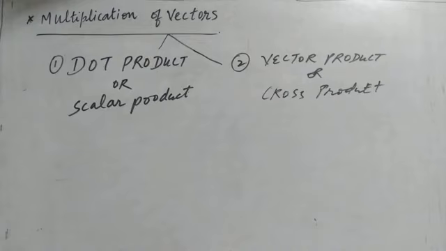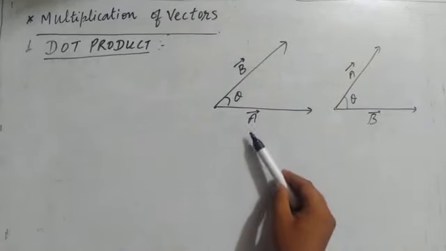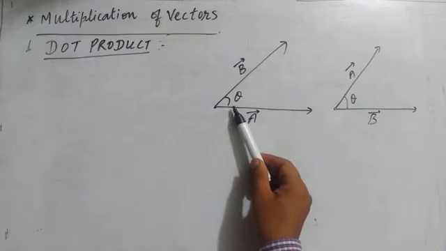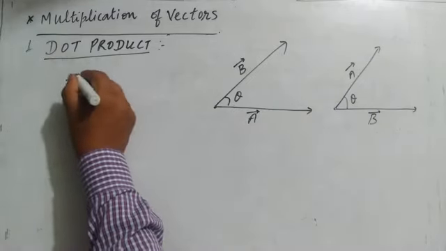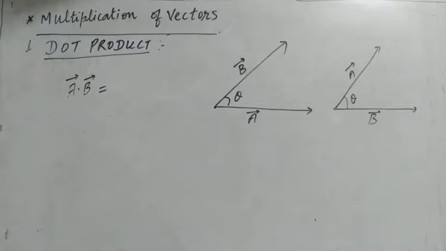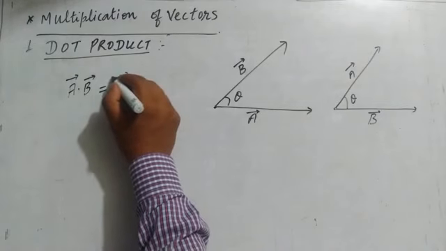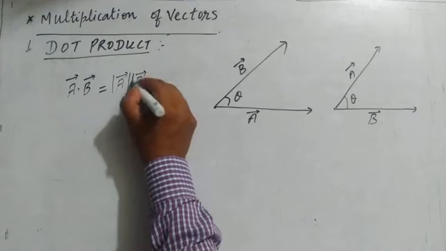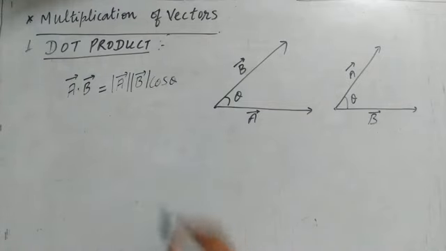At first, we shall start with dot product. If there are two vectors, A vector and B vector, inclined with each other at an angle theta, then their dot product is represented by A vector dot B vector equal to the product of magnitude of both the vectors and cosine of the angle between them.